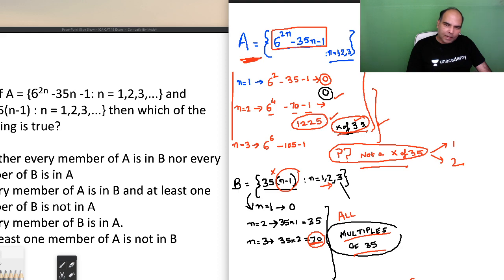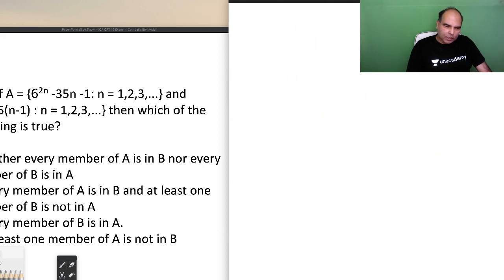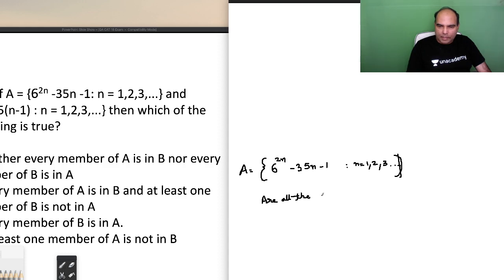But if you want to do it mathematically, there is a logic for that. Let me just clean this board. The logic is, when you write that A is the set of 6 raised to 2n minus 35n minus 1, if you want to test with n is 1, 2, 3, whether all the terms, basically between option 1 and 2, the test is: are all the terms of A multiples of 35 or not?